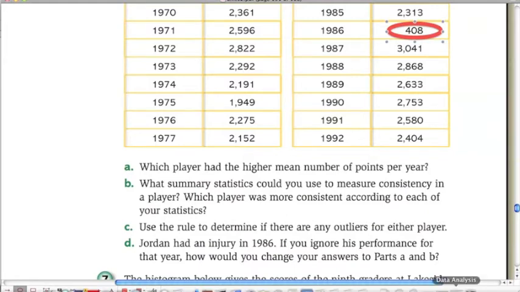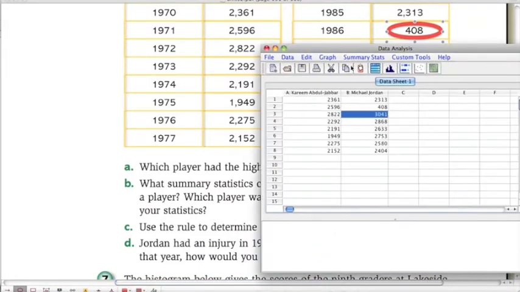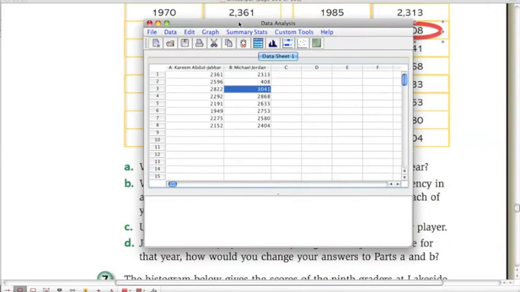Let's take a look at some of those actual numbers again in this data analysis window. If I take out Michael Jordan's injury year, take out that 408, which you can also do exactly the same way on your calculator. You just highlight the value that you want to delete, and you delete it.